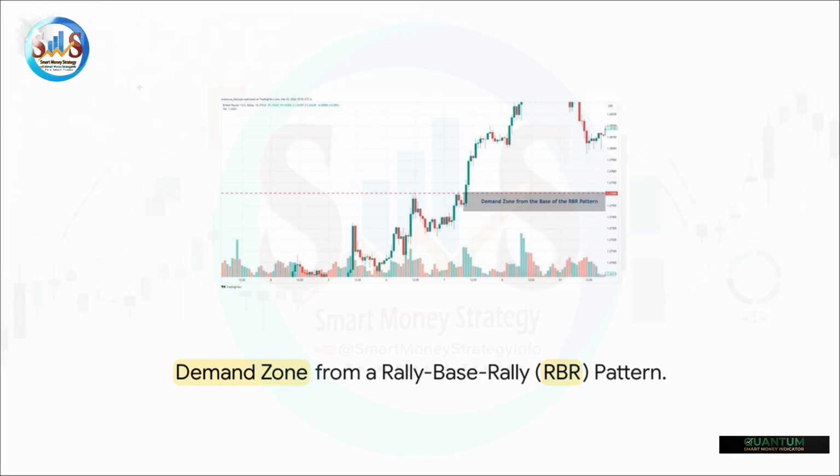It's an incredibly powerful continuation setup where the consolidation base marks a very clear demand zone in an ongoing uptrend. See how the price pushes up, kind of pauses to catch its breath, and then just explodes upward again? That base is a brief moment of equilibrium right before a massive institutional imbalance takes over. It's a literal footprint on the chart.